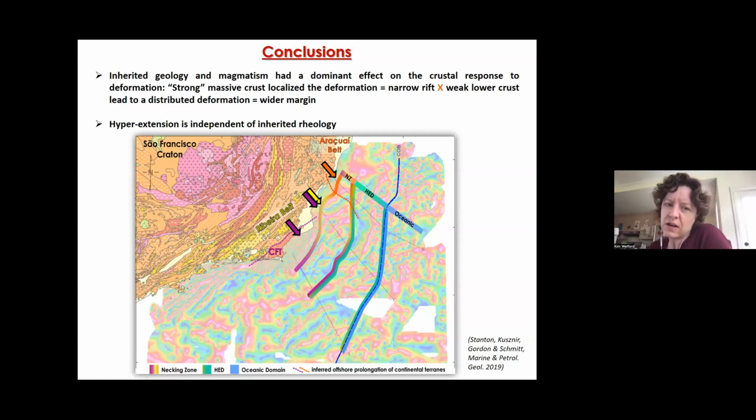Clearly inheritance is a big deal, but in terms of how things were pulling apart, was it 2D-ish or was there a 3D component to it? Yes, absolutely. The obliquity will have two effects: producing an apparent geometry when we look at these lines, because they are oriented very oblique to the extension, and producing rifting structures.